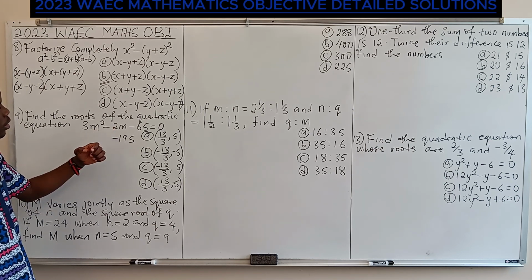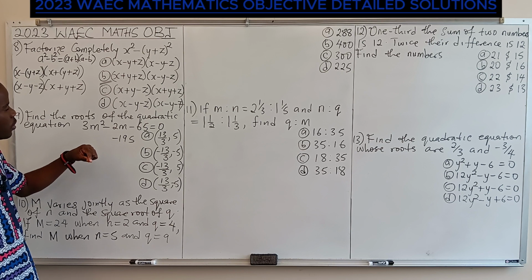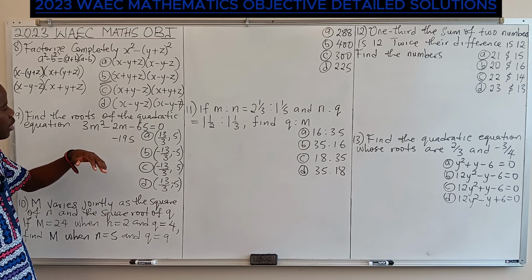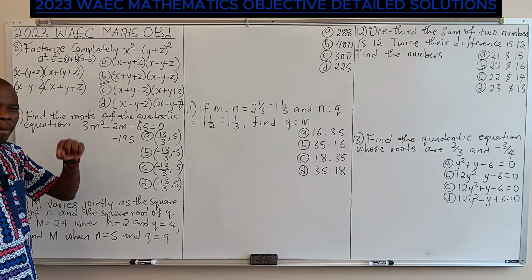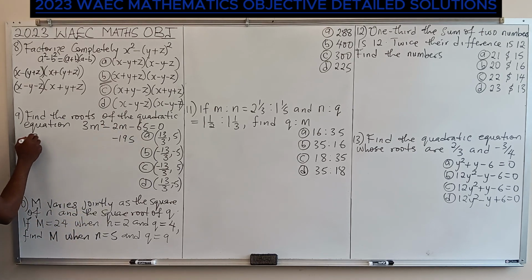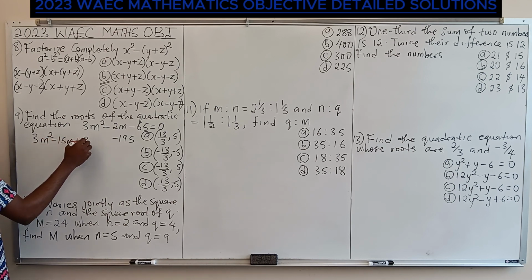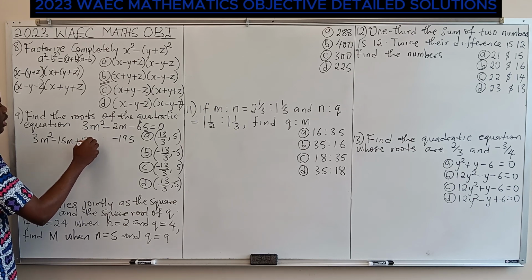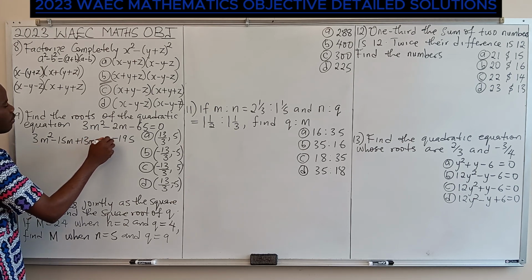The two numbers will be minus 15 and plus 13. So in place of minus 2m, I'll write 3m squared minus 15m plus 13m minus 65.